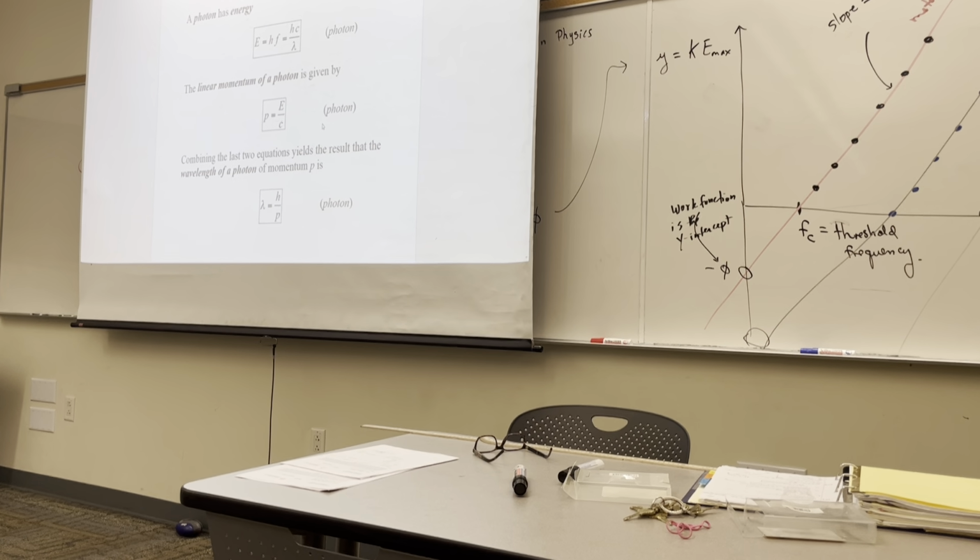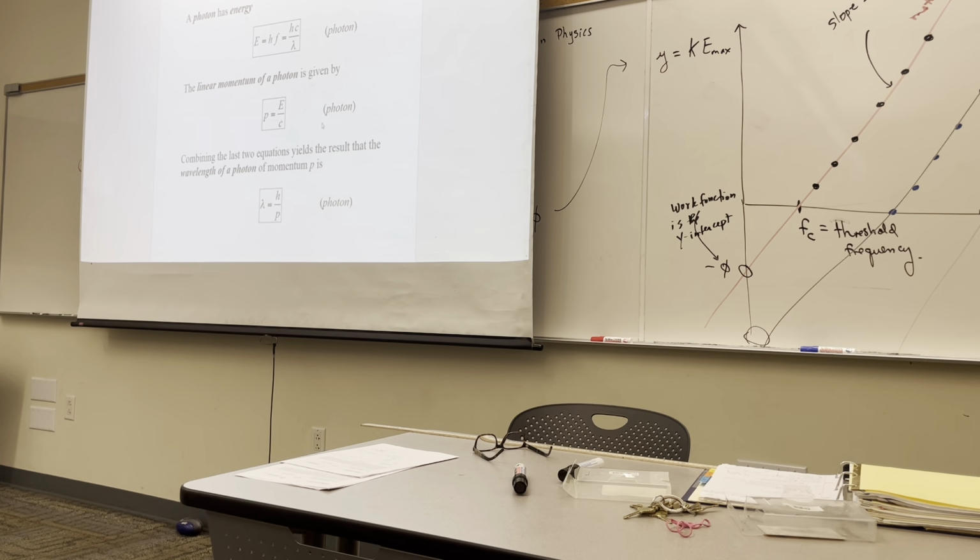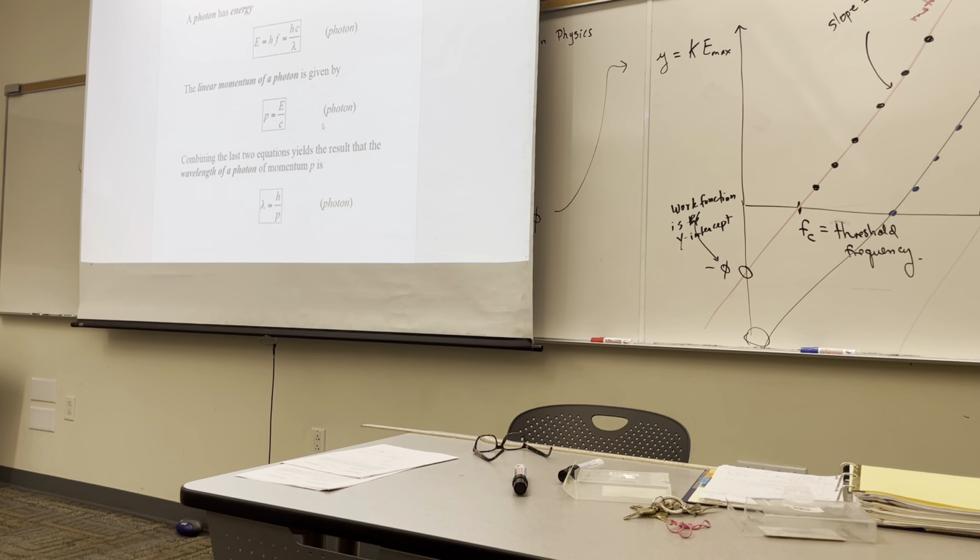And if you divide by the speed of light c, you get h times the frequency over the speed. But if you think of light as a wave, the speed is the frequency multiplied by the wavelength, right? So therefore, f over c is just 1 over lambda. So the linear momentum of a photon is h over lambda.